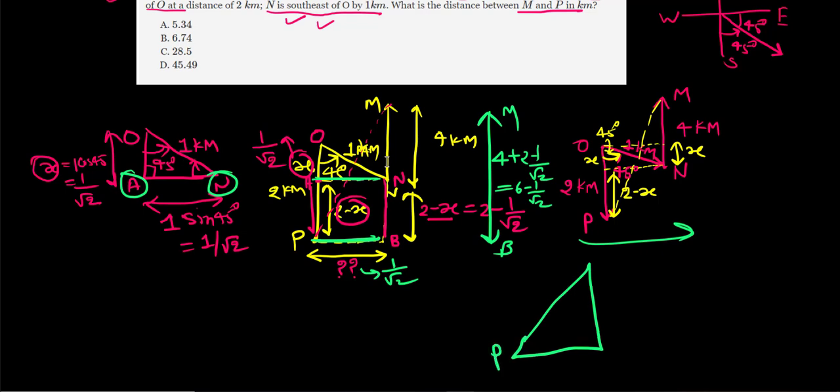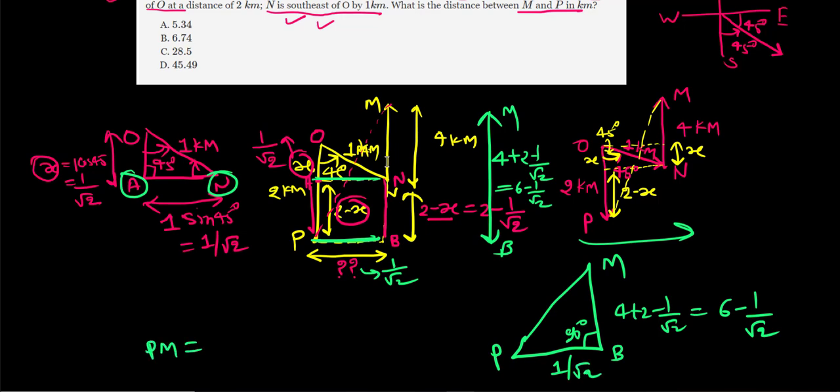This is our point P, this is point M, and this is point B, and this is our 90 degree angle. And this MB is 4 plus 2 minus 1 by root 2. As we calculated, it would be 6 minus 1 by root 2, and this distance is 1 by root 2. So now you can use the Pythagoras theorem.